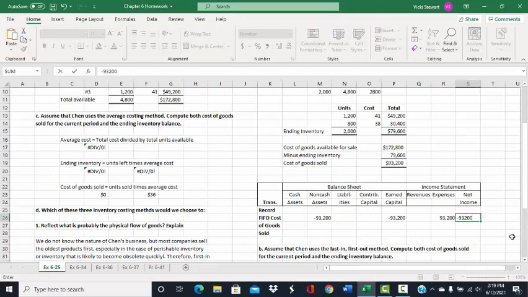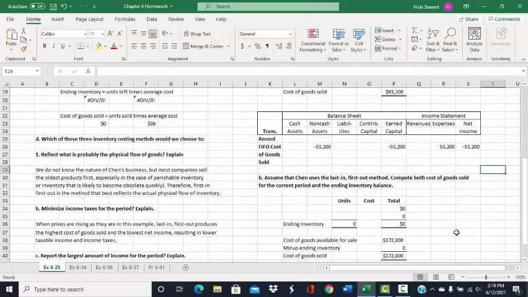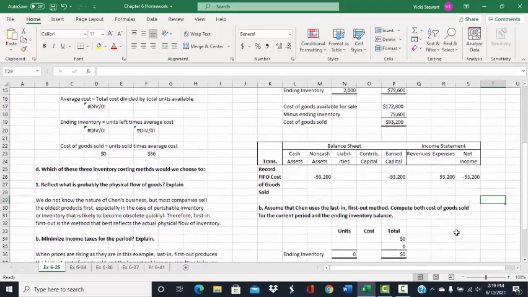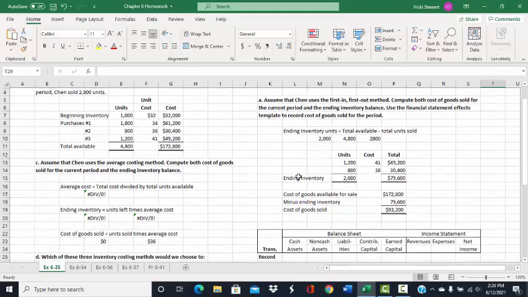In the B portion, it says assume that Chen uses the last in, first out method and to compute both cost of goods sold for the current period and the ending inventory balance. So under the last in, first out method, we assume that the last items that were purchased were the first ones that were sold. So the ending inventory is going to be made up of the oldest items, the beginning inventory of 1,000 at 32 and then another 1,000 at 34.